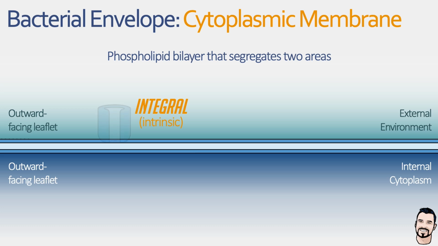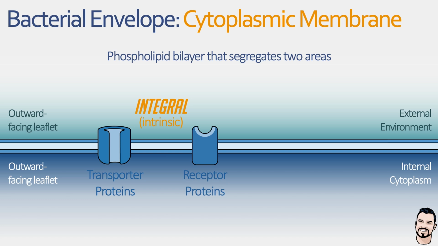We have transporter proteins, which act as a gateway, allowing materials to move into and out of the cell, passing from one side to another. We can also have receptor proteins, which interact with materials in the external environment and pass a signal into the cytoplasm without anything physically moving into or out of the cell.